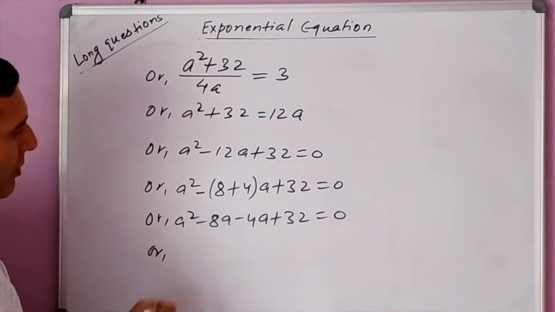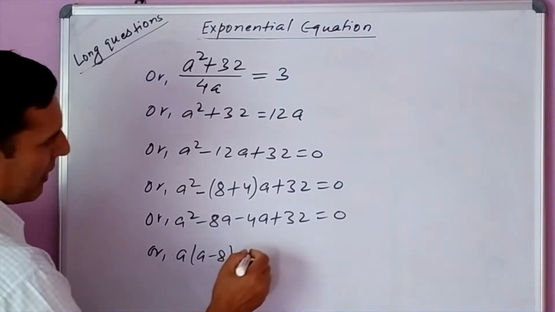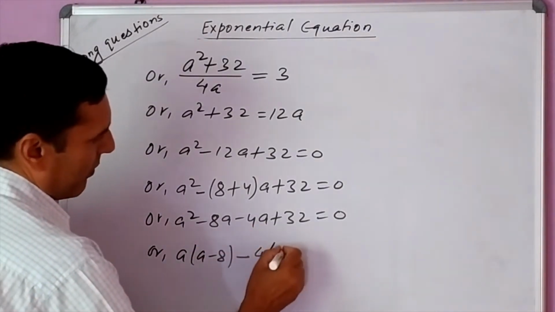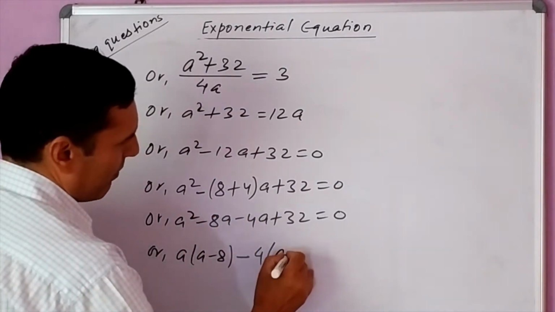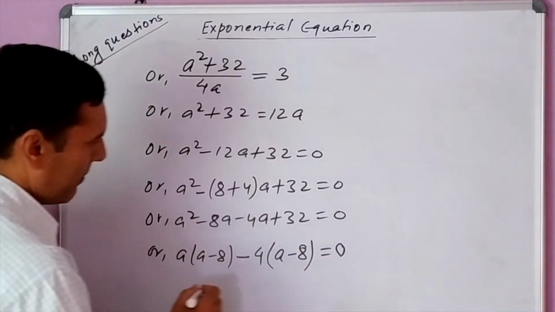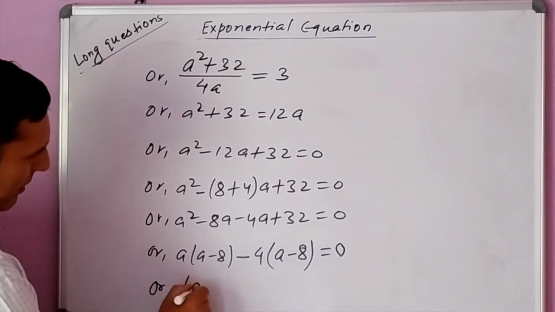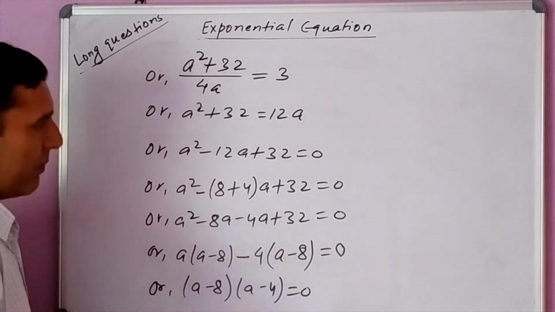What is common in the first two terms? a. So a times a minus 8. In the last two terms we can take 4 common. After taking minus 4 common, the plus sign changes, minus 4 times a minus 8 is equal to 0. So one factor a minus 8, another factor a minus 4 is equal to 0.